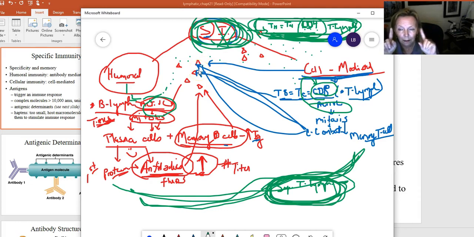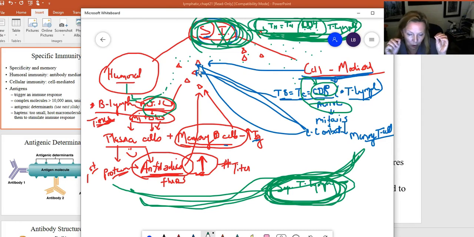You all have heard about antibody-antigen reactions before. You heard about naturally occurring antibodies, which are actually kind of rare. But you heard about naturally occurring antibodies that occur in response to ABO inherited blood antigens.